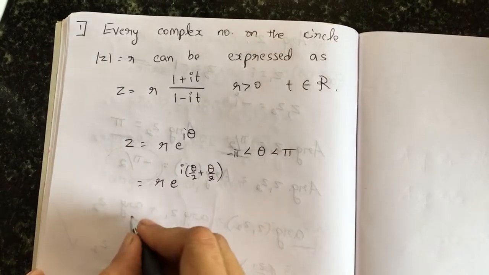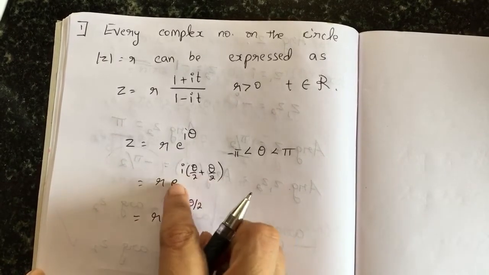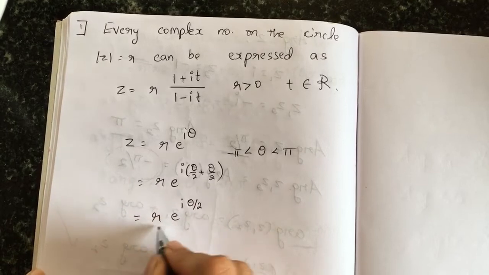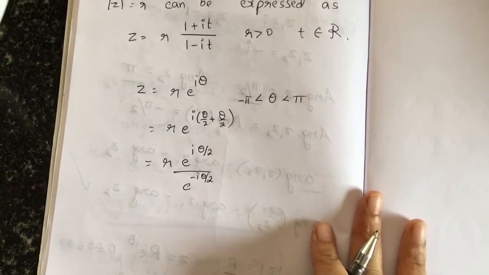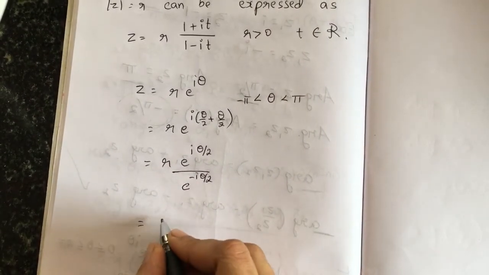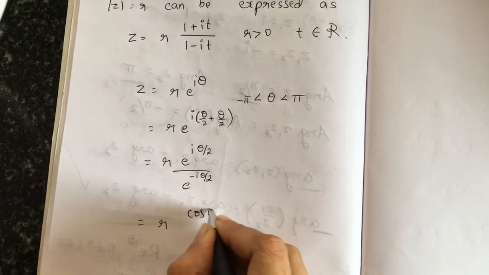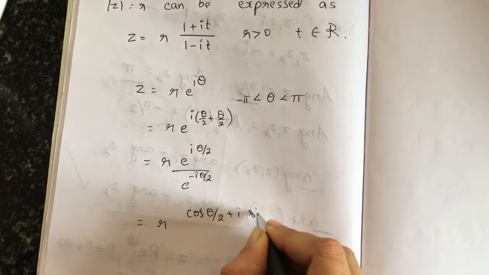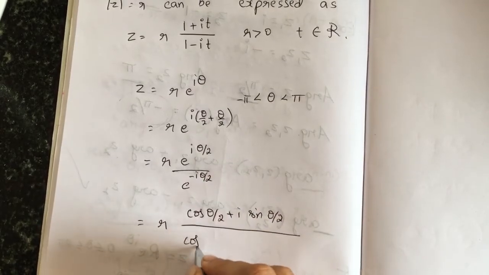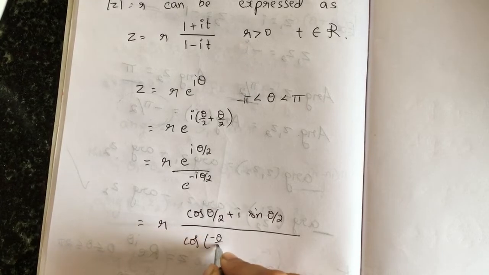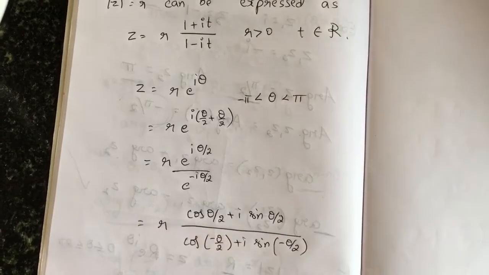So I can rewrite this as e power i theta by 2 in the numerator, and in the denominator e power minus i theta by 2. Is it okay? Now e power i theta by 2 can be written as cos theta by 2 plus i sin theta by 2, divided by cos of minus theta by 2 plus i sin of minus theta by 2.